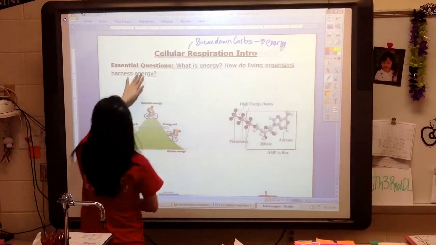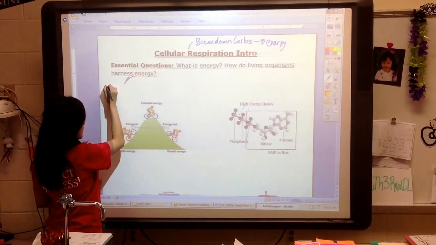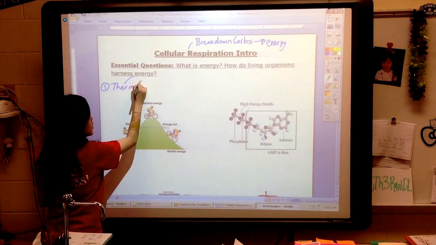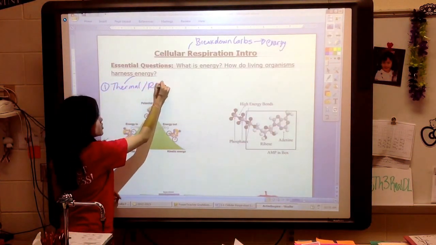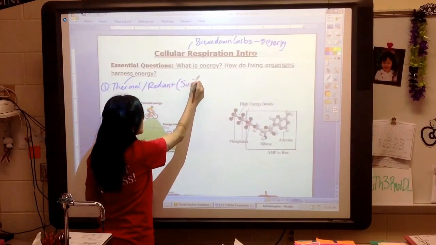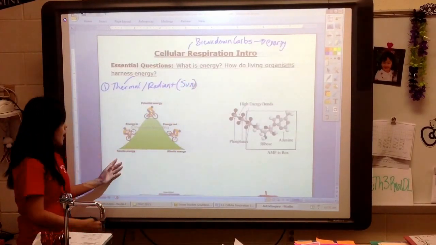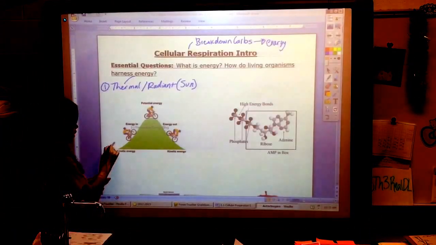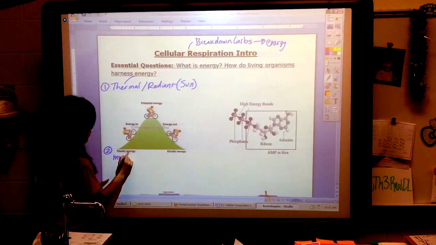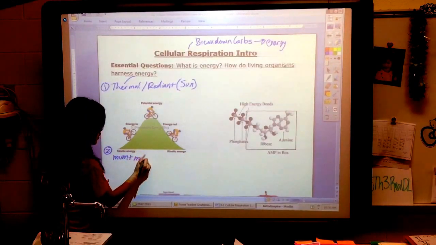So thinking about energy, there's many types of energy. There's thermal energy and radiant energy. And both of those can come from the sun. But we also have what's called kinetic energy, which is the movement of molecules.